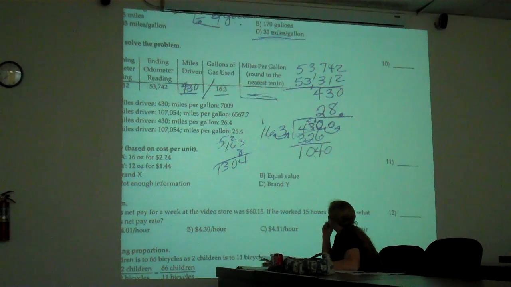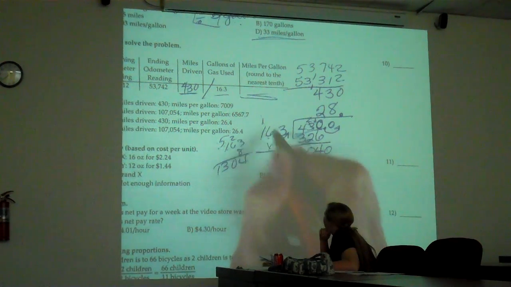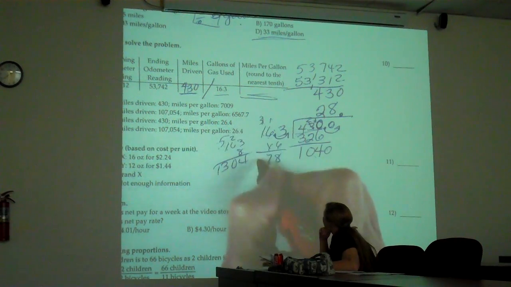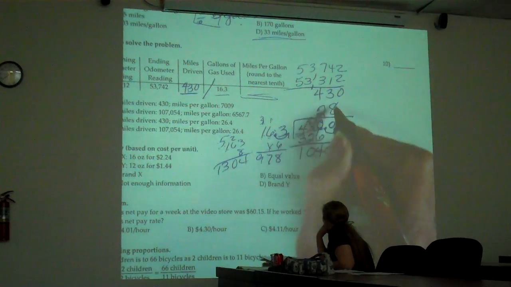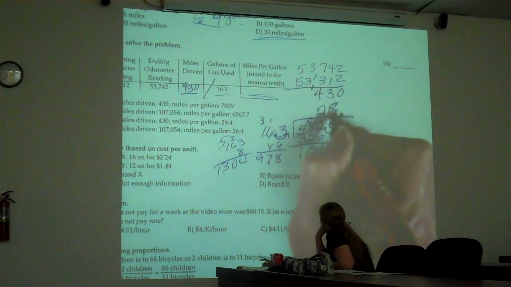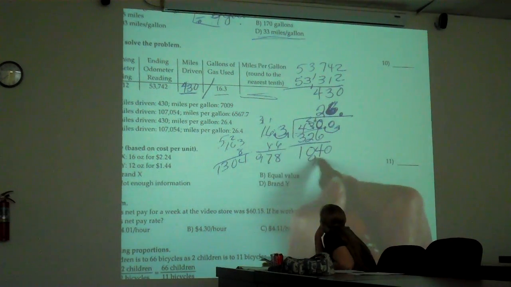Yeah, it looks like it to me. It looks like even 7's going to be too big though. Yeah, I would probably go to a 6. 18, 36, 37, 6, 7, 8, 9. I put the 8 up here by mistake, but that's okay. 6 times 163 is 978.